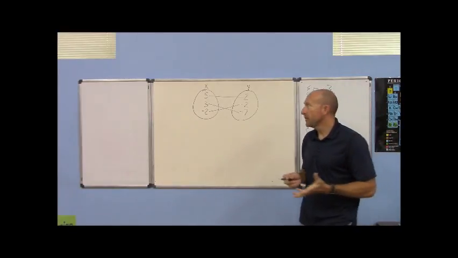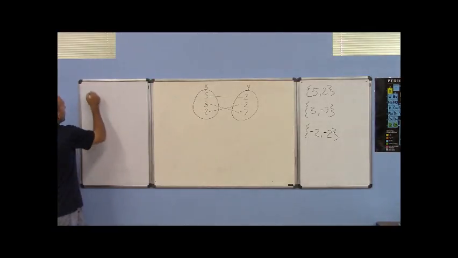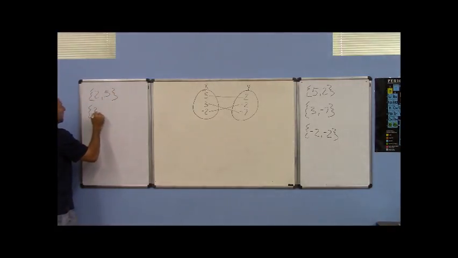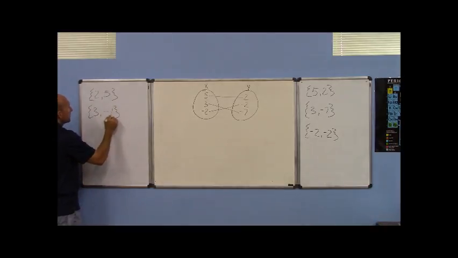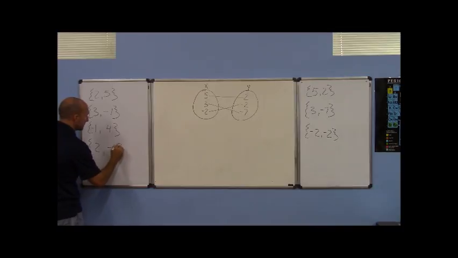So what would happen if we had this list? We had 2 and 5, 3 and -1, -1 and 4, and then 2 and -6.